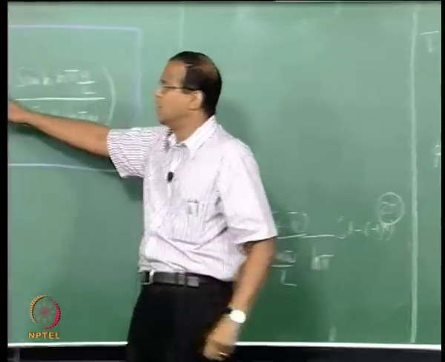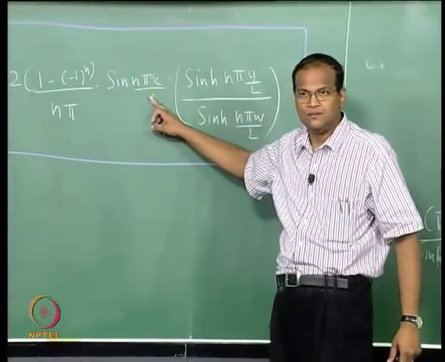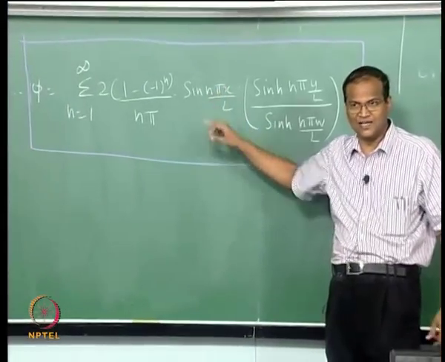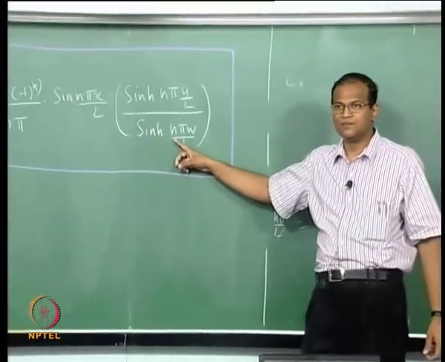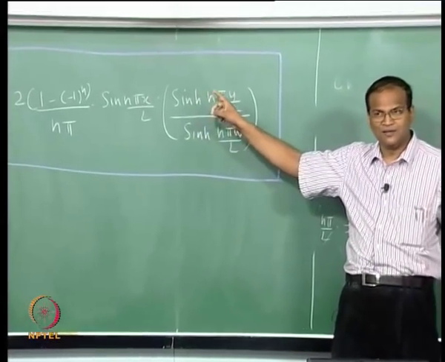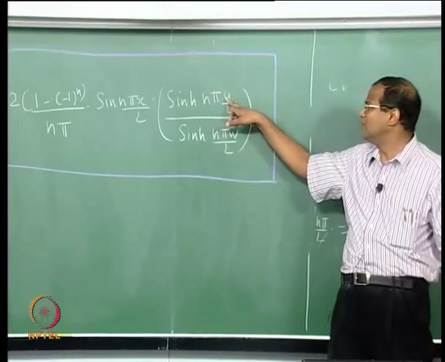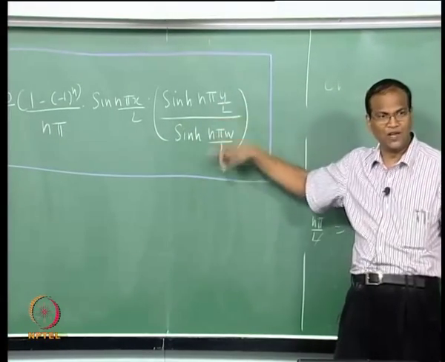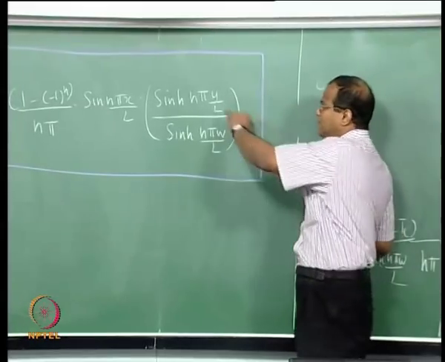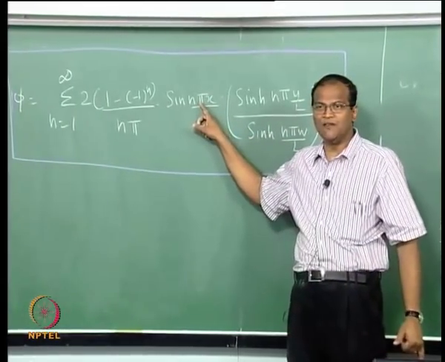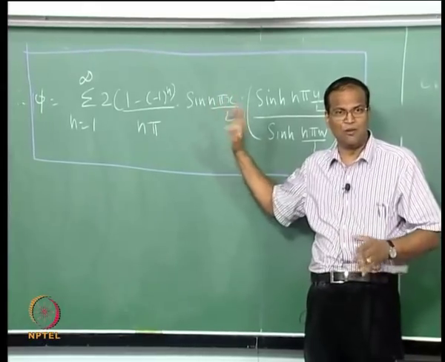the temperature is periodic about x, which you believed, 0 less than equal to x less than equal to L, so the temperature is periodic about x. This is a constant, sin h n pi y by L is exponentially decaying, therefore if the hot wall is at the top then the temperature is exponentially decaying with y. Watch carefully, the temperature is exponentially decaying with y, the temperature is periodically fluctuating with x, that means it is symmetric about x.